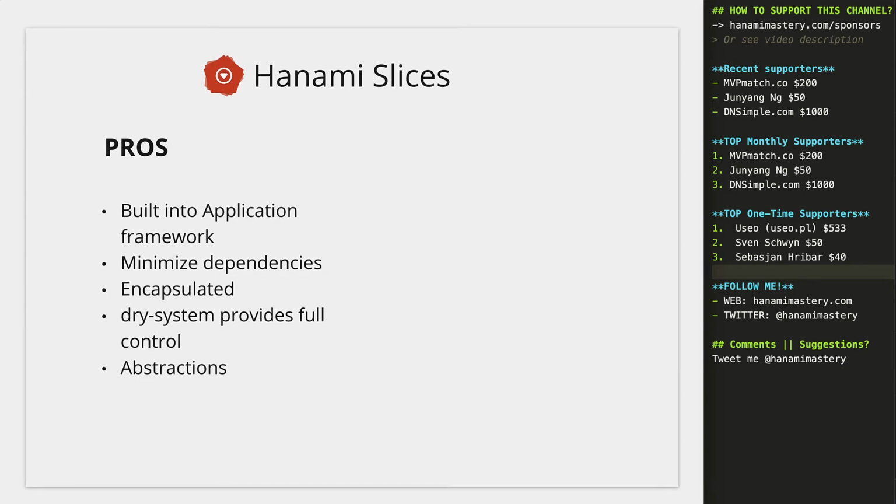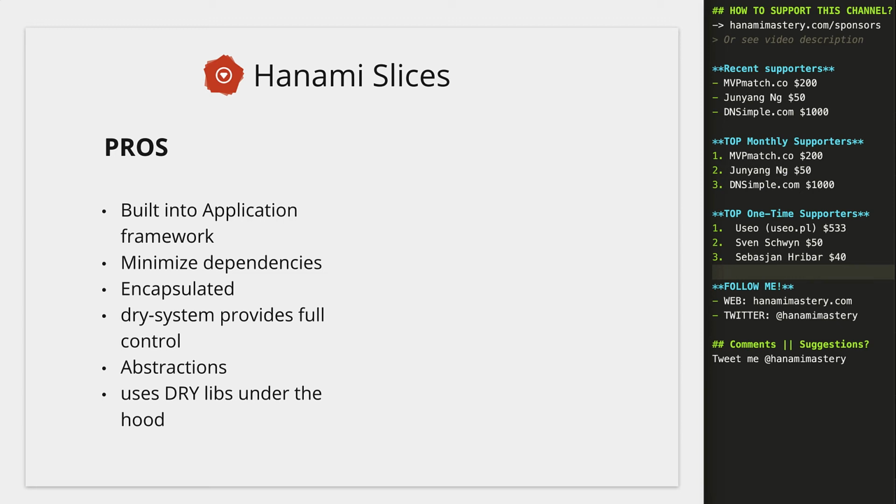Hanami does not limit abstractions, and by its design, it encourages creating multiple slices for multiple parts of your system, similar to DDD bounded contexts. Finally, just by using Hanami, most of the dry gems are already in your stack, ready to be used.